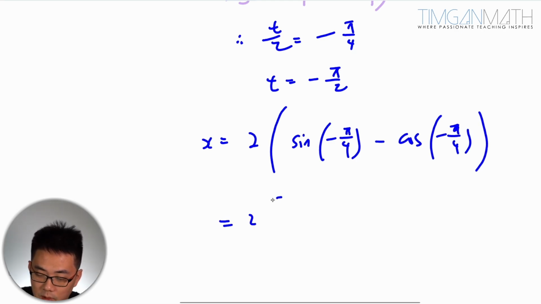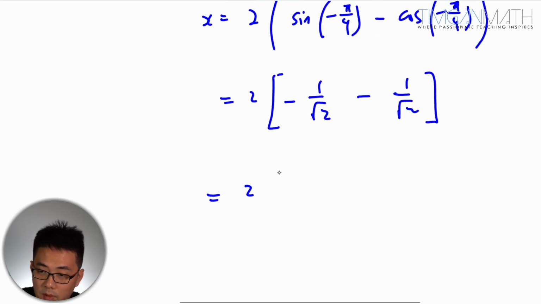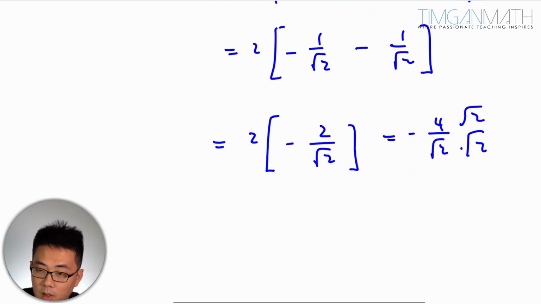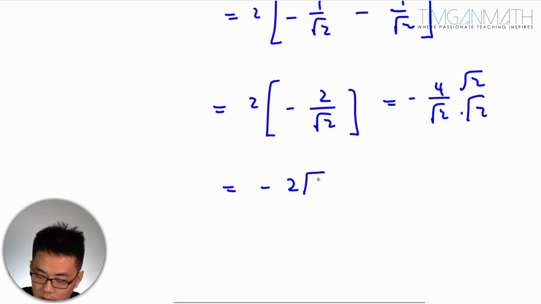This will just be 2 times negative 1 over root 2, minus positive 1 over root 2. So this case here will just be 2 minus 2 over root 2. Rationalize the denominator is pretty okay: multiply root 2, multiply root 2. This would then be negative 2 root 2.